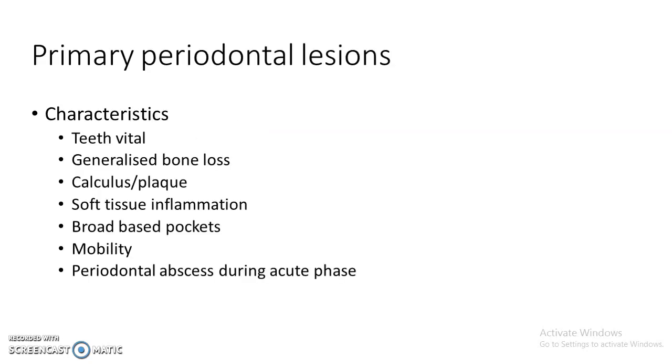Primary periodontal lesion characteristics: tooth vital, generalized bone loss, calculus and plaque, soft tissue inflammation, broad-based pockets, mobility, and periodontal abscess during the acute phase.